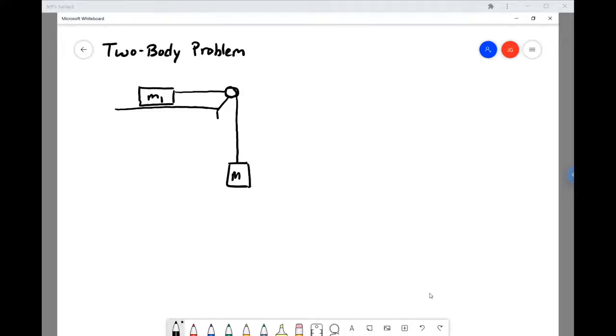Call that M2. Okay, and so one thing is we're going to say that this pulley right here is frictionless.